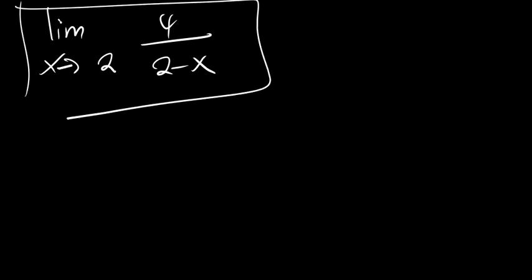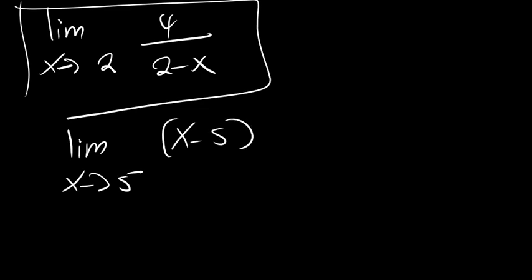So I want to give you this: limit as x goes to 2 of 4 divided by 2 minus x. Go and solve this and tell me the answer. And also this: limit as x goes to 5 of (x minus 5) to the power 2 divided by x minus 5.